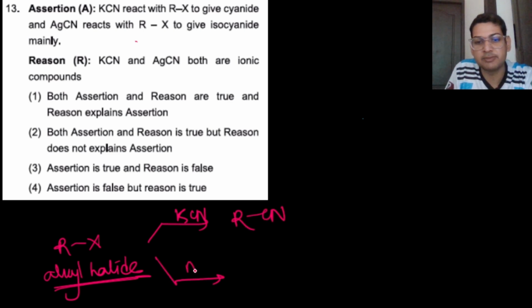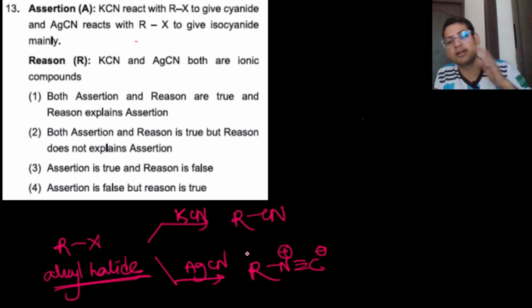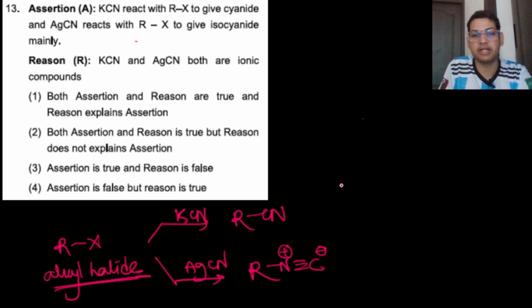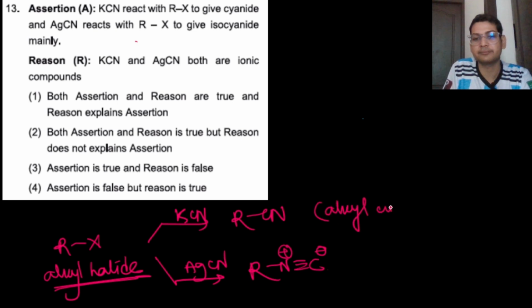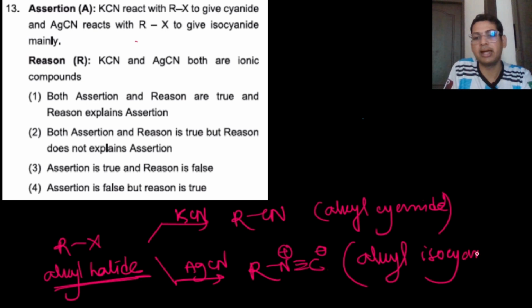If the reaction is with AgCN, it will be RNC. Several times this reaction has been practiced with you, with proper explanation. If it is KCN, you will get alkyl cyanide. If it is AgCN, it will be alkyl isocyanide. So let's check the options.